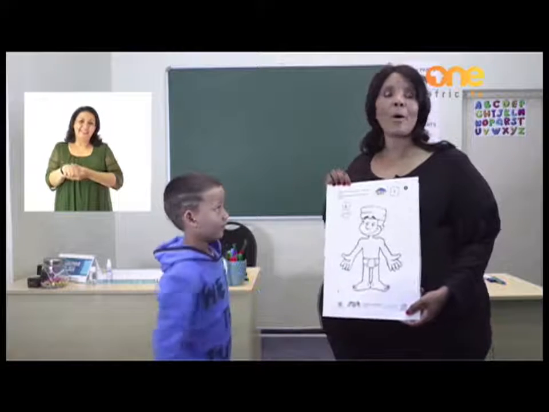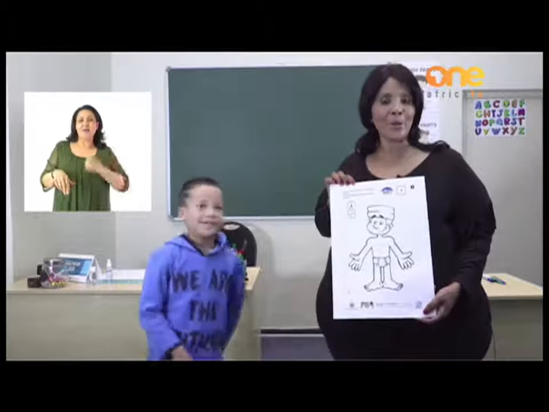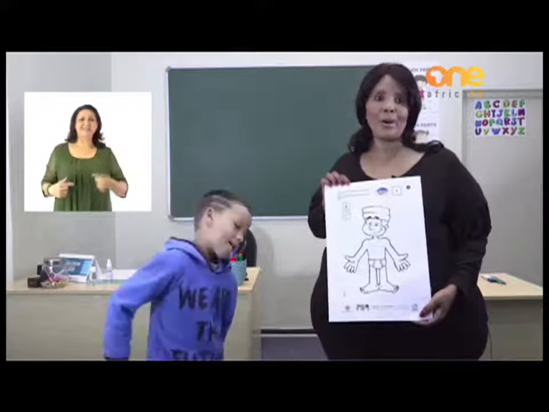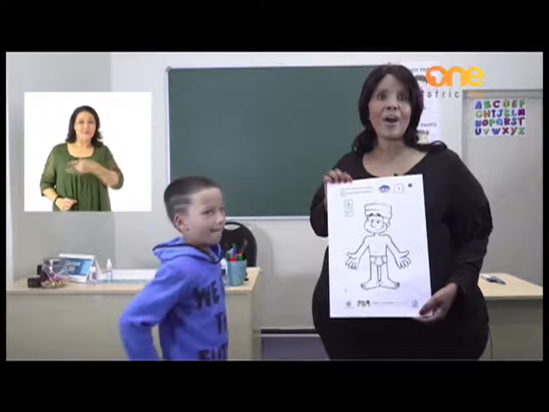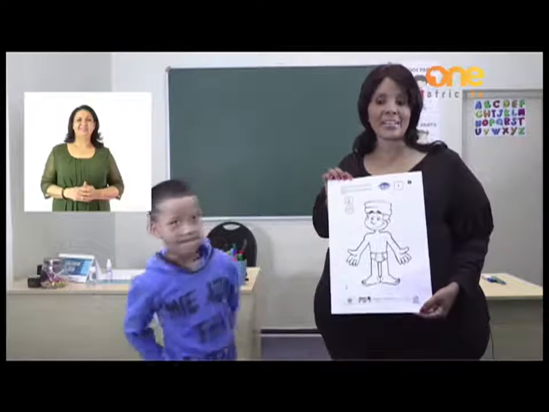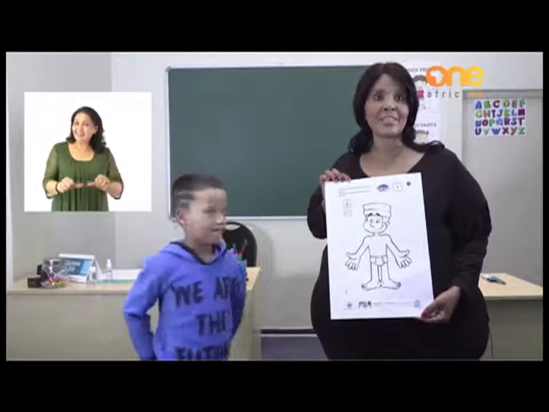These are our body parts. I'm sure you know all your body parts. Now we are going to go to the next activity. Are you ready for the next activity?